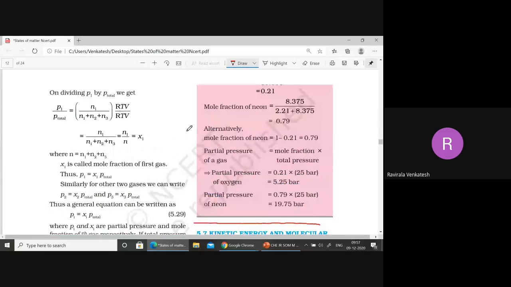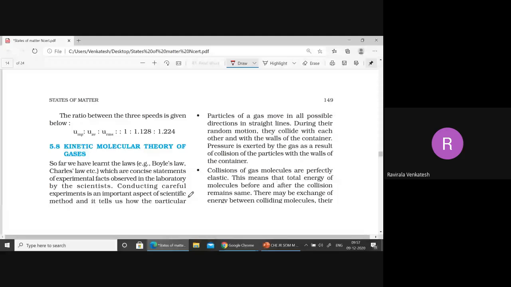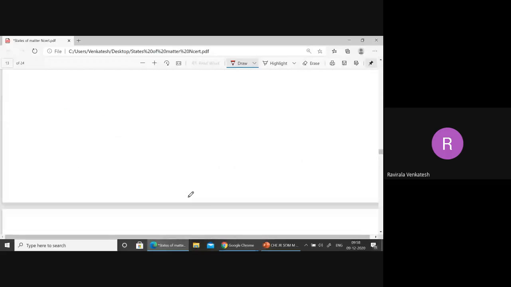Tomorrow will be the last class for states of matter, because the remaining things are not in the syllabus. Kinetic theory, everything is deleted. So we discuss only up to the ideal gas.